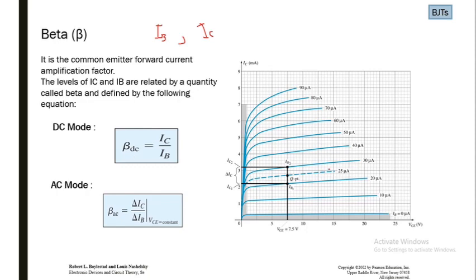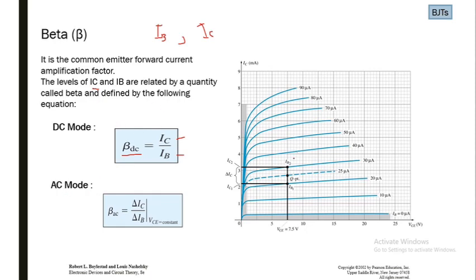Beta DC applies when we are just applying DC voltages, in other words, just biasing the transistor. In this case, IC and IB will be fixed for certain fixed values of voltages applied. So beta DC is defined as IC over IB.